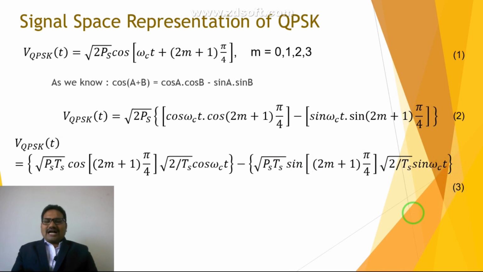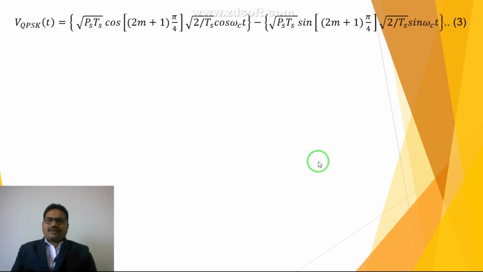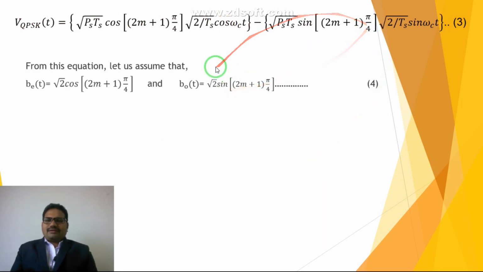Now, after rearranging this equation, observe this equation carefully. So let us assume that root 2 cos (2m plus 1) pi by 4 is represented by what?